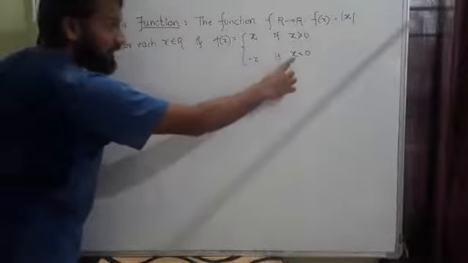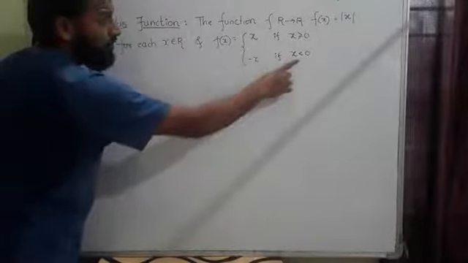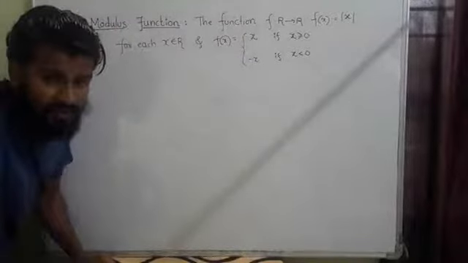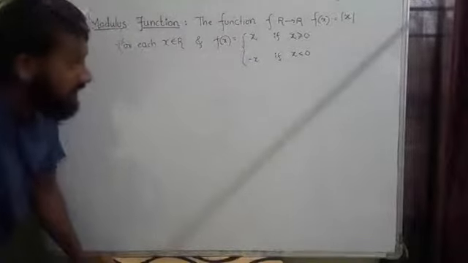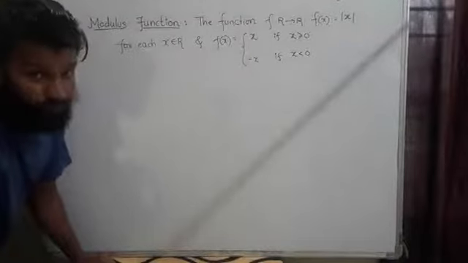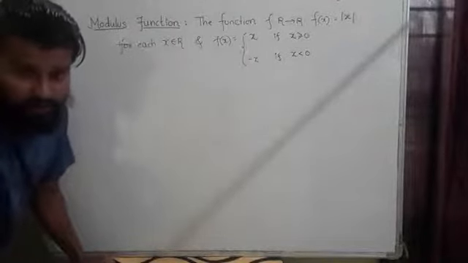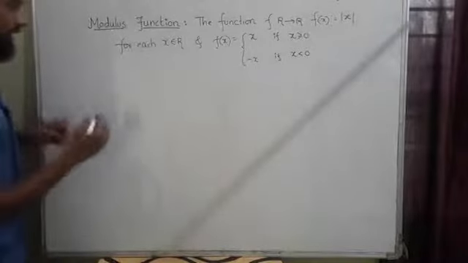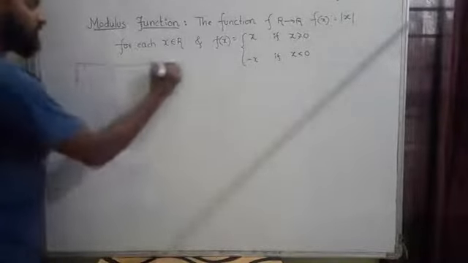If x is less than 0, f of x will take minus x. So this is a conditional function. For this one, we need to draw the graph and write the domain and range. To draw the graph, let's take a table for understanding.